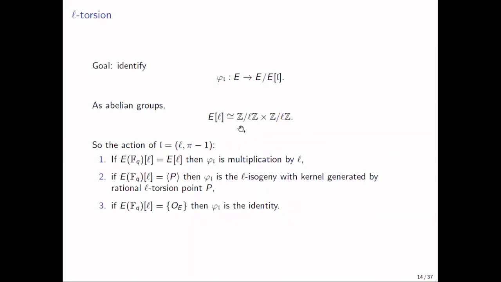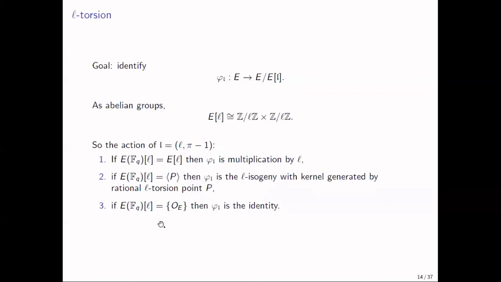And so if you want to figure out what part of this L-torsion is defined over F_q, it can either be all of it, but then the kernel of the isogeny phi_L needs to be the whole L-torsion, and so the isogeny is nothing else but just multiplication by L. If the rational L-torsion is generated by some point, so if it's cyclic, then we can use Vélu's formulas: just take the point, generate the subgroup, and compute the L-isogeny that has this point as its kernel.